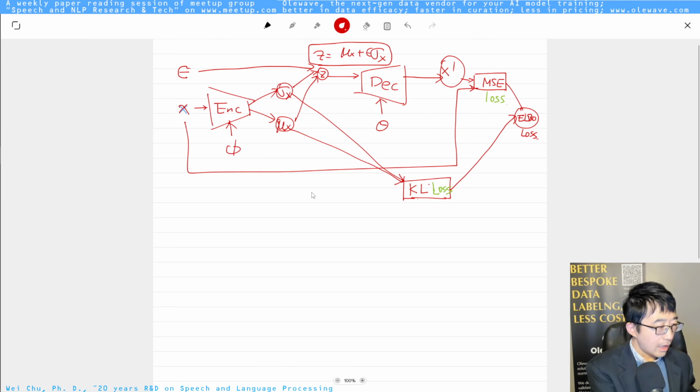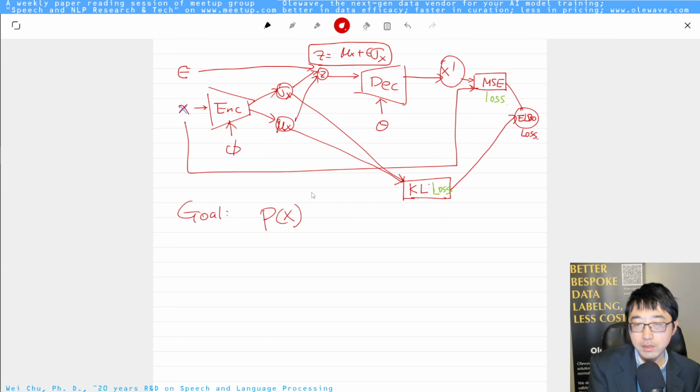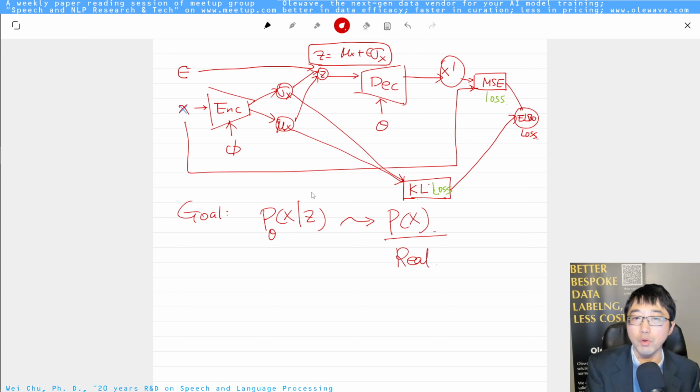All right. In the end, I think the goal is to get the P of x given z under the parameter theta to be as close to P of x as possible, because this is a real world sample and this is a generated one, and you want the generated one to be as close to the real world probability distribution as possible.